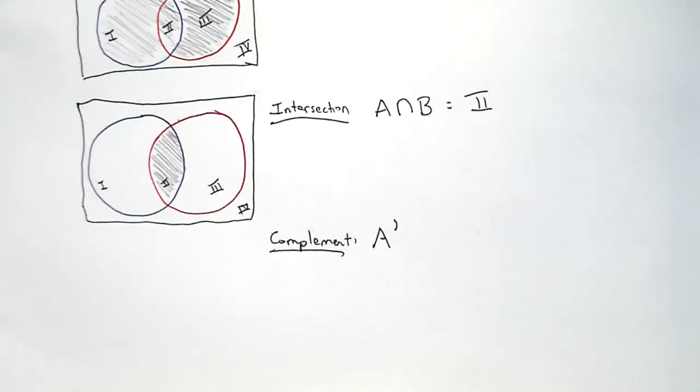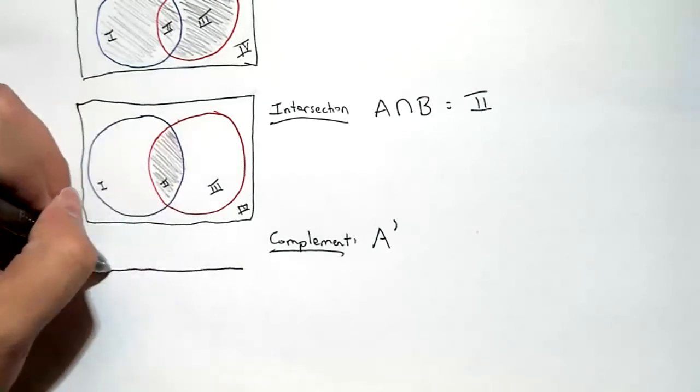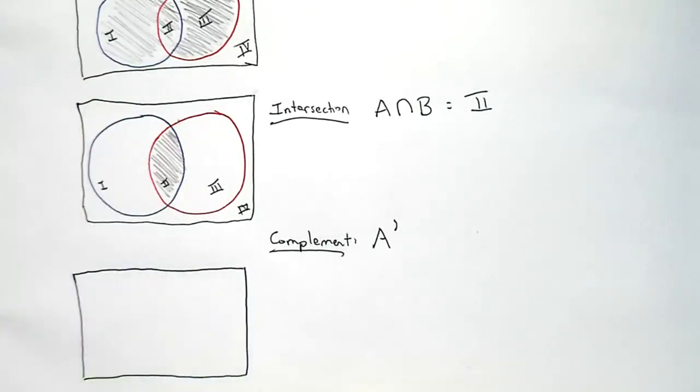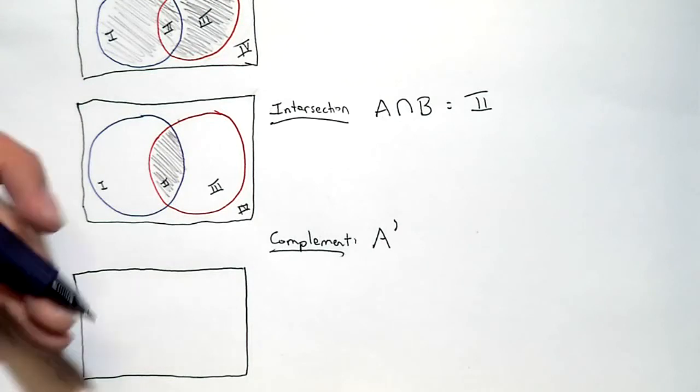So while I'm drawing my sample space, what regions do you think would be included in the complement of A? 3, 4. 3 and 4.